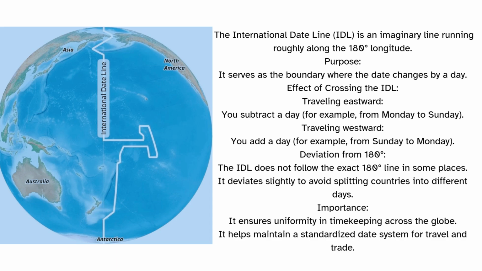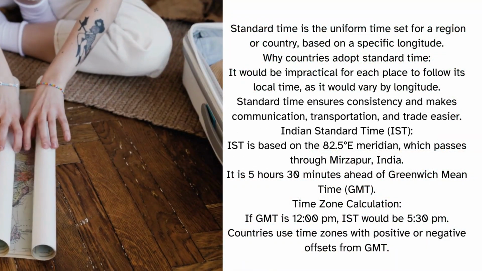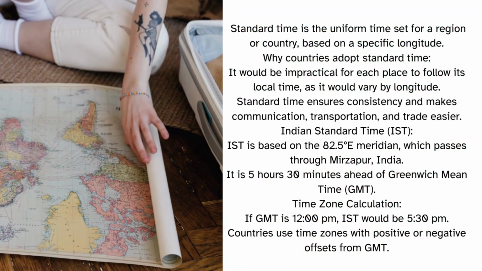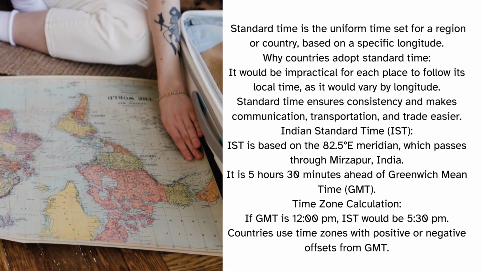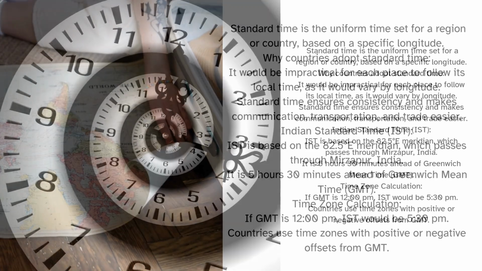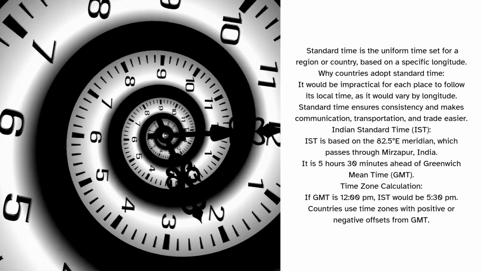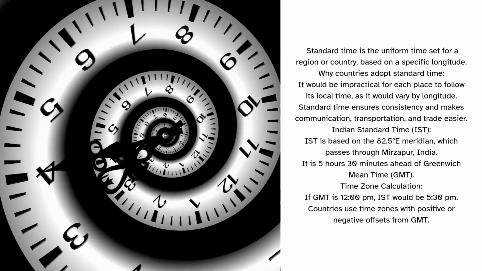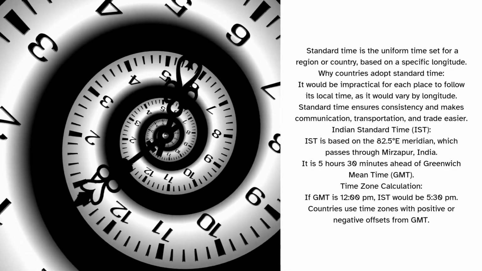Now, one of the most important things: what is standard time, why do countries adopt it, and how is Indian Standard Time determined? So standard time is the uniform time set for a region or a country based on a specific longitude. And why do countries adopt standard time? It would be impractical for each place to follow its local time, as it would vary by longitude.